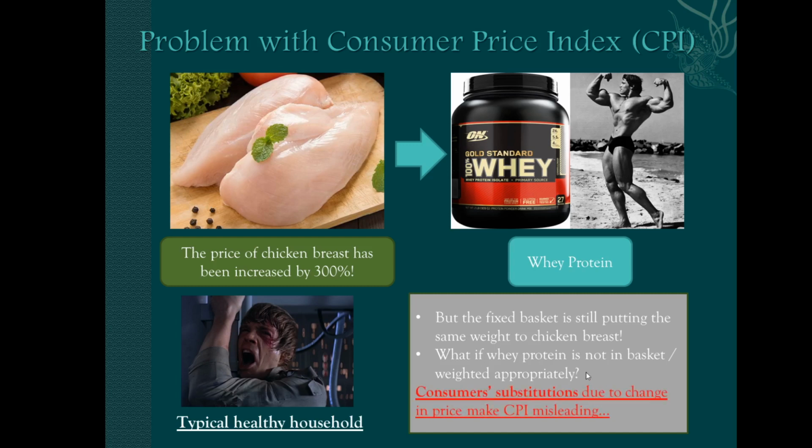If nothing is changed for the data set, you will see that because of consumer substitution, there will be some misleading figures in your CPI. But it's inevitable. For typical households, we always have different consumptions and different substitutions, and this is not avoidable.